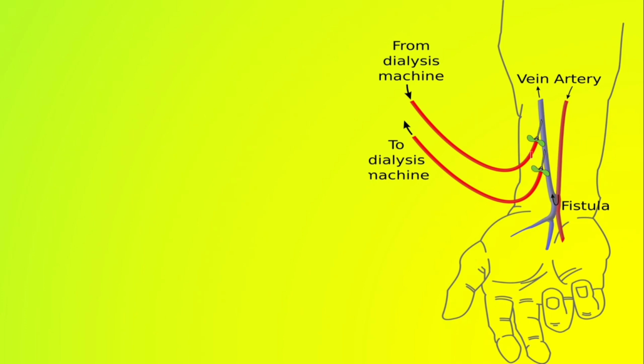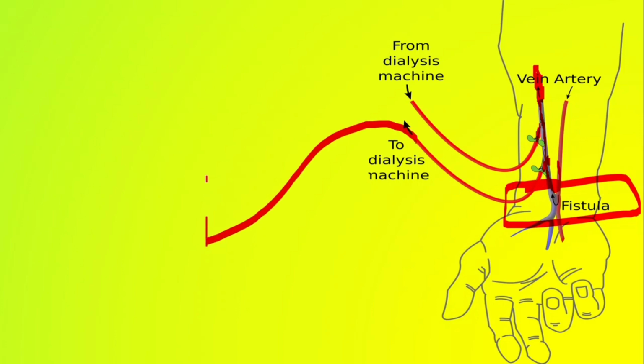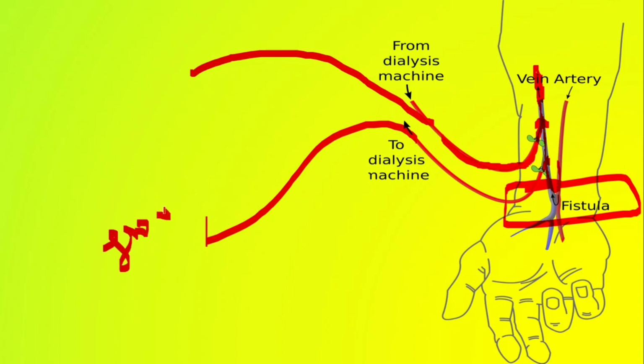So this is another image of the radiocephalic fistula. A side to side connection is made. After a period of time, this vein becomes remodeled with a lot of blood supply. Two cannulas can be put, one to take blood to the dialysis machine, and from the other, the blood can be returned back to the patient, and the flow will be good because the blood is being supplied by the artery.